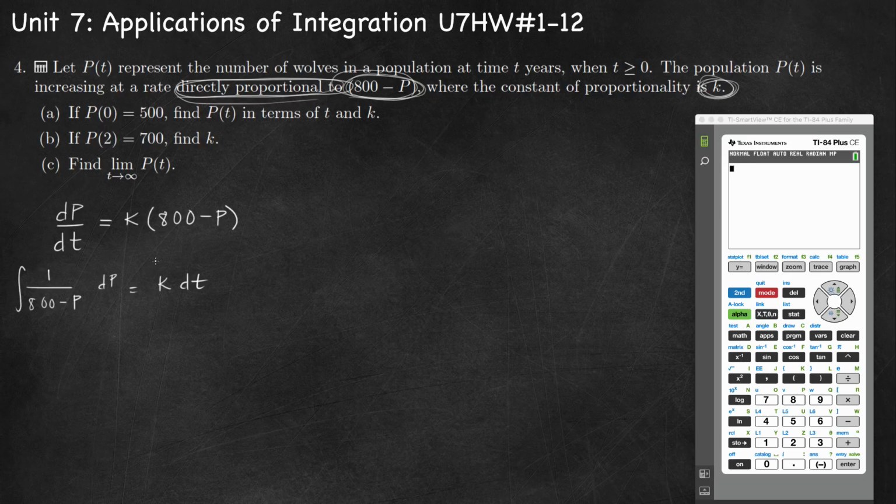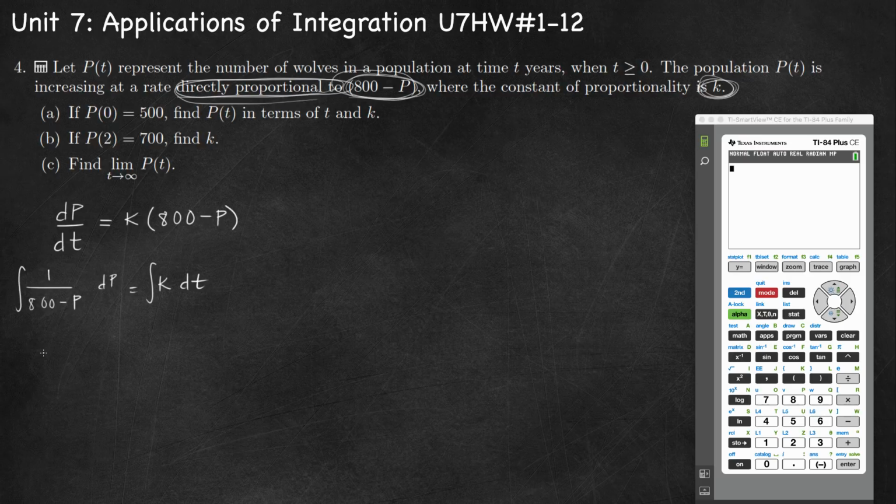Now I'm going to integrate both sides. When I integrate 1 over 800 minus p, I need to use u-substitution. This is one that I could do in my head, knowing that if I let u equal 800 minus p, the derivative of u with respect to p is just going to be -1. And so to compensate, I know that means dp is just going to equal -1 times du.